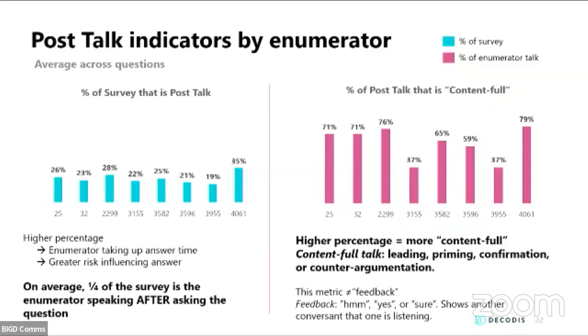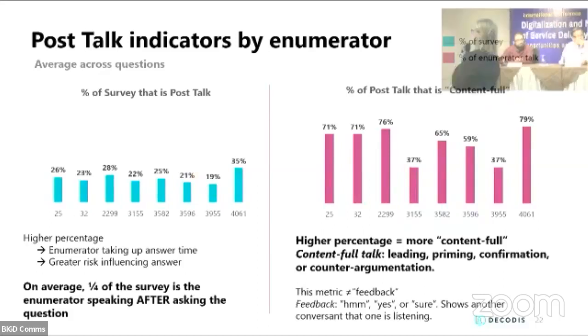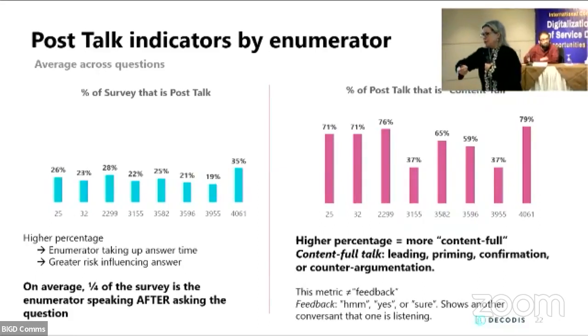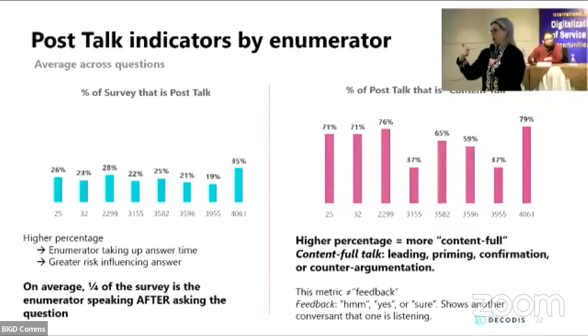Now you can have your usual filler to try to get people to keep going. That's normal, that's not contentful. But when they say something, they actually say words that are usually priming or leading. A lot of that post-talk for a lot of the enumerators was that contentful.